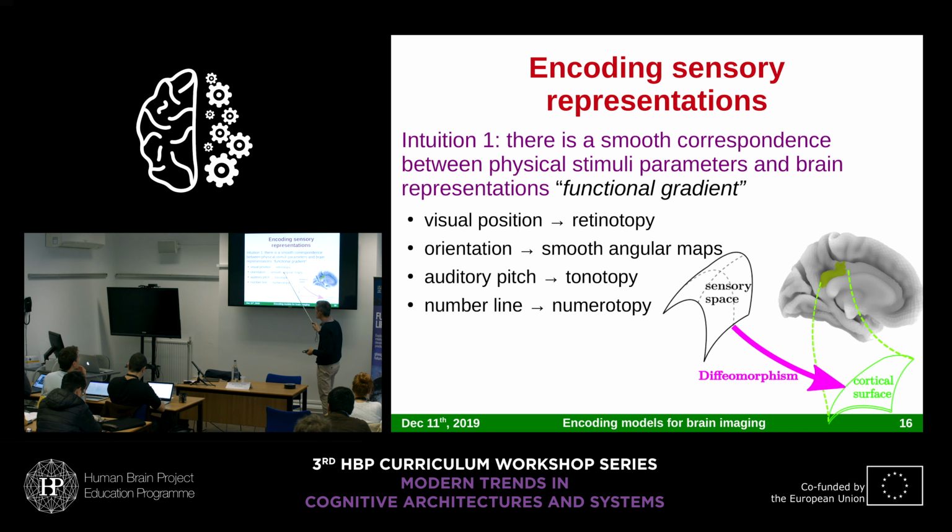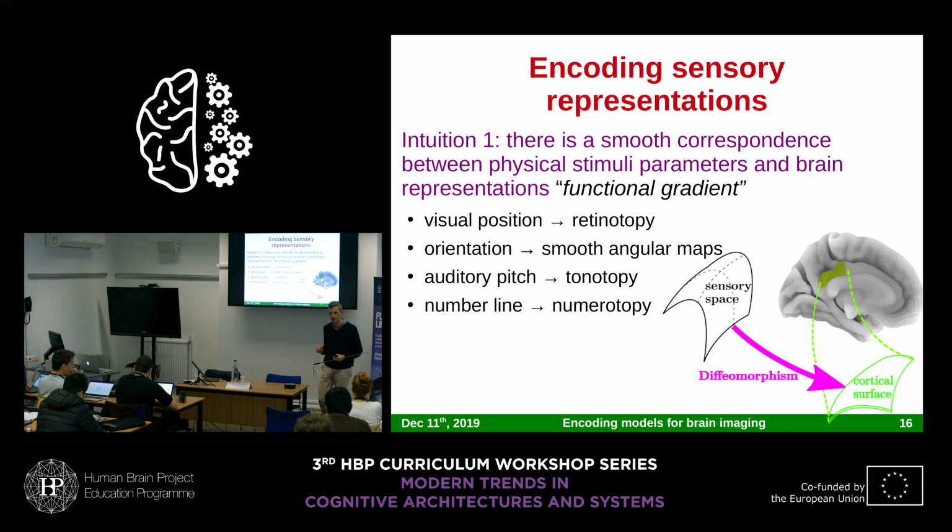This is also true if you have very high resolution data for visual orientation. You see that in a given location, different orientations are mapped in neighboring neuron populations. And this can, to some extent, be seen with fMRI. And there is some continuity in this mapping. This is also the case for tonotopy.